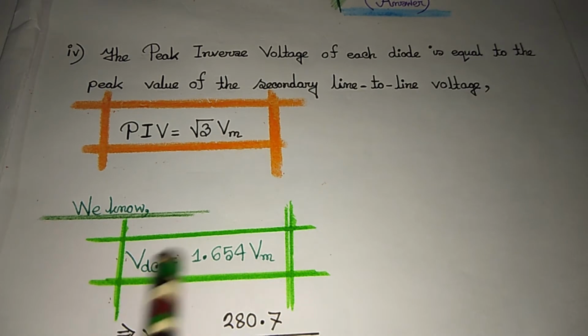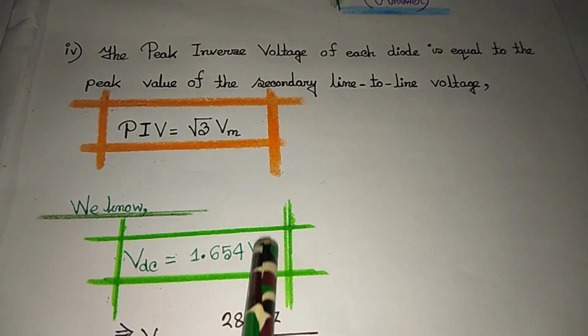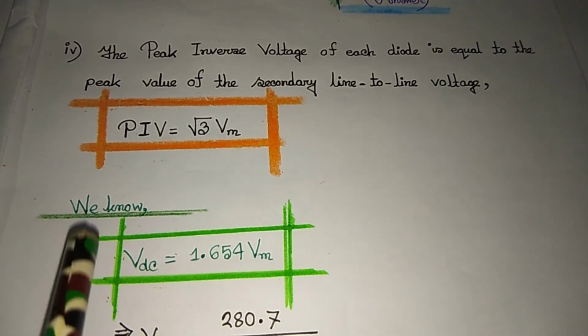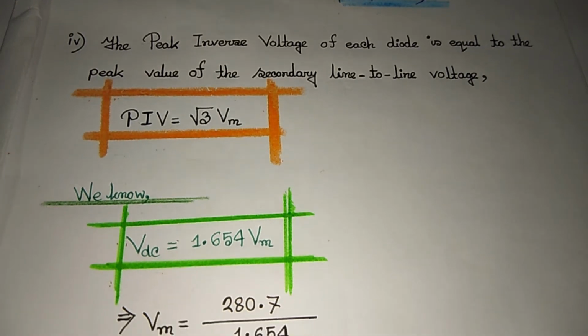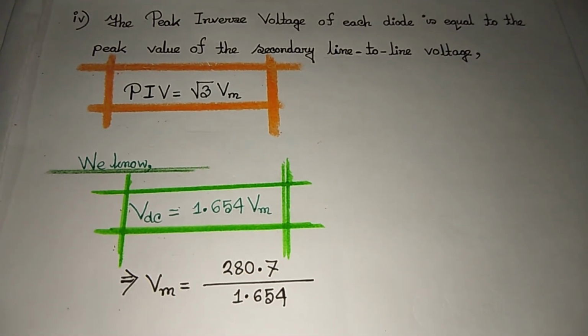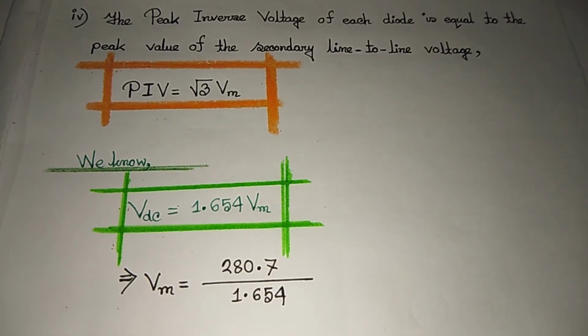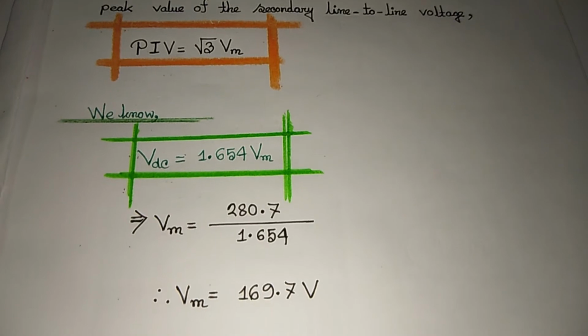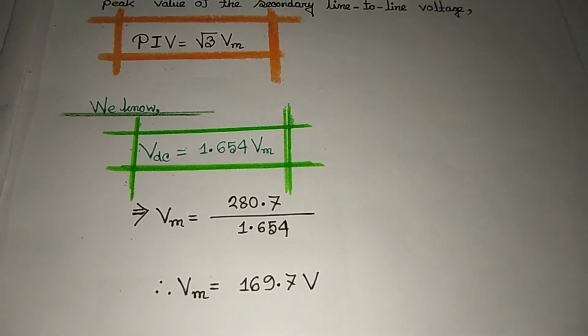We can write VDC equals 1.654 Vm. By using this equation, we can easily find the value of Vm, because the VDC value has already been given in our question paper. So we can write Vm equals 280.7 divided by 1.654. After calculating this value, we will get Vm equals 169.7 volt.